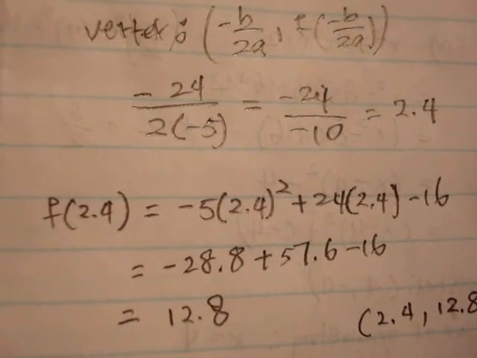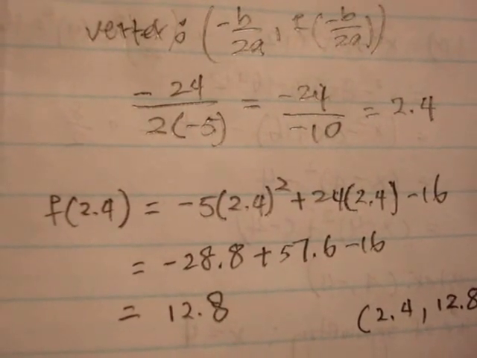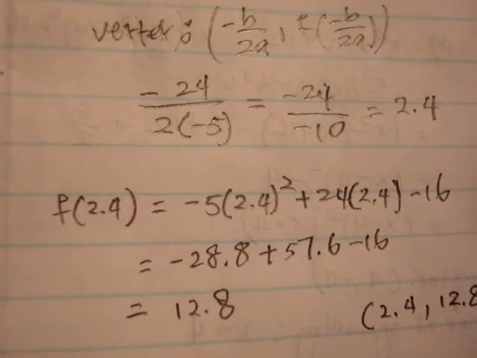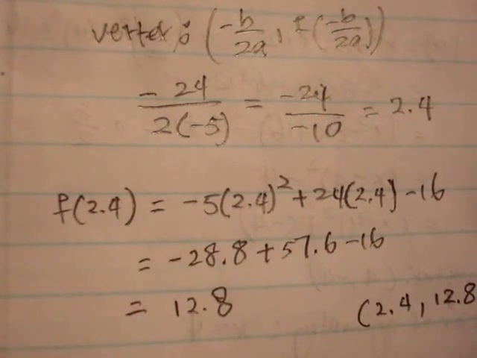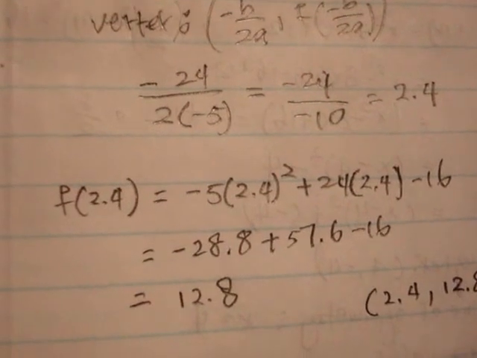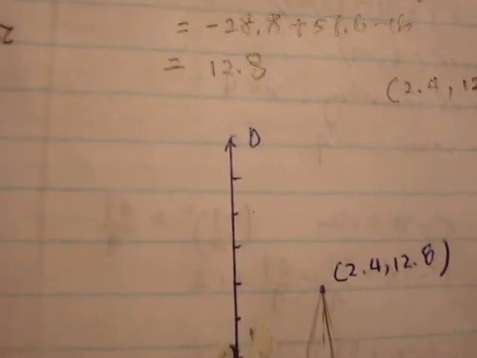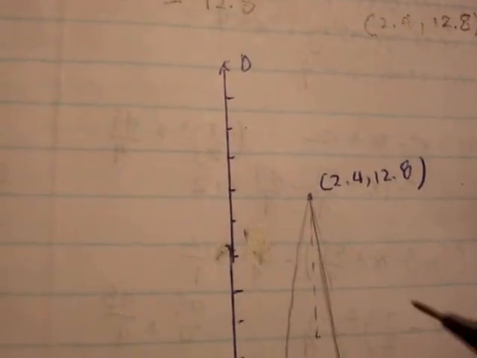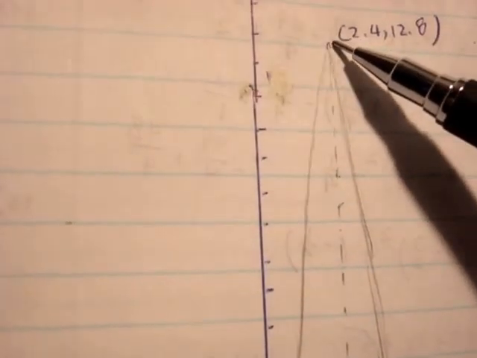Now that we have the y-intercept, the x-intercept and the vertex, it will be much easier to graph this quadratic function. So this is the coordinate system, and this is the vertex. You go 2.4 right here, and then up 12.8.